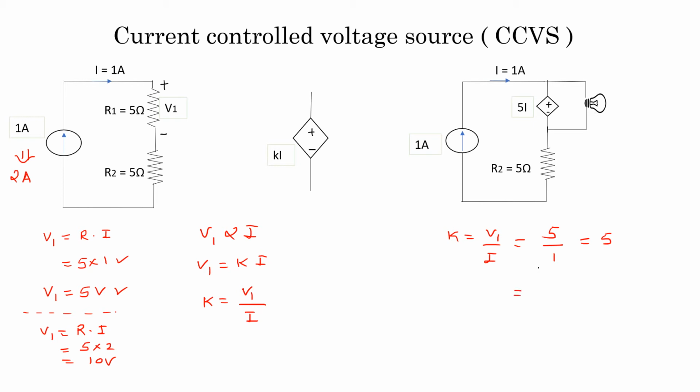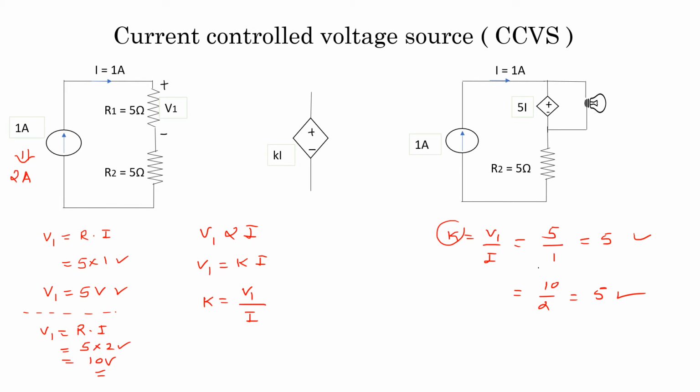And in second case my V1 is 10, at that time I is 2, that is equal to again 5. So K is 5 and my voltage source depends on I, that's why it is written as 5I. So this type of source is known as current controlled voltage source, or in short CCVS.